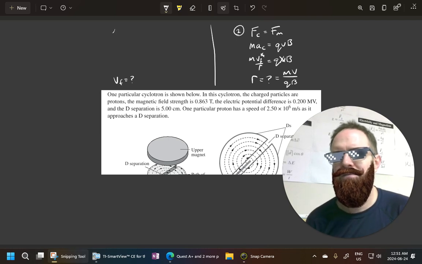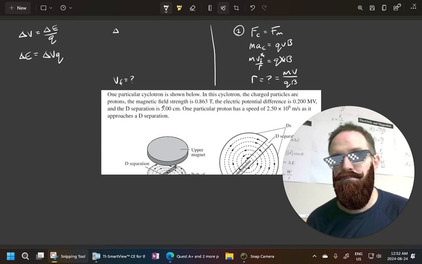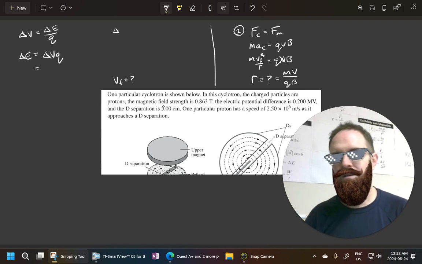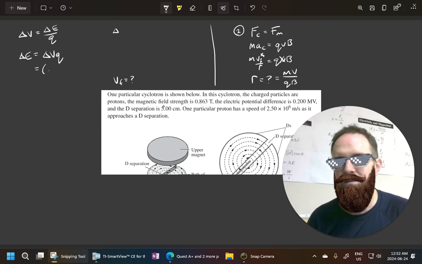And remember, I can find the change of energy by using this formula. The change of energy is going to be equal to delta V times Q. I know the charge of a proton. I know this number of mega electron volts here. So I can put that number in there, times 10 to the 6 volts, times the charge of a proton, which is the same as an electron, just positive.